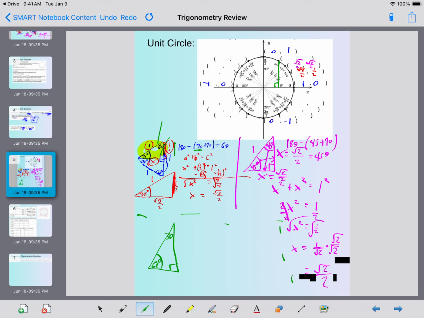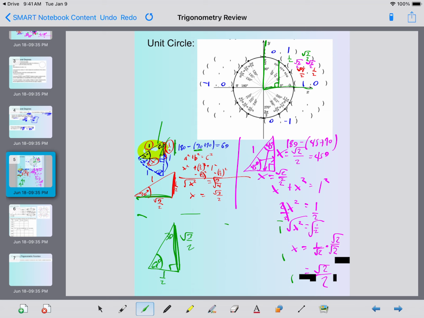So the smaller side we said was 1/2. The longer side here we said was radical 3 over 2. We already solved that. So your x value here is going to be 1/2. The longer side, or the height, radical 3 over 2. And that is all you need to do.